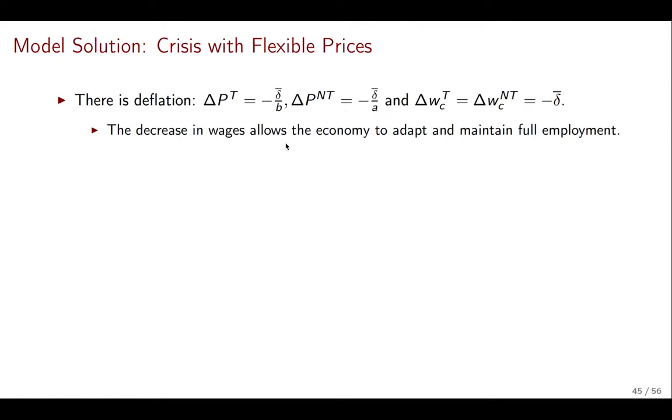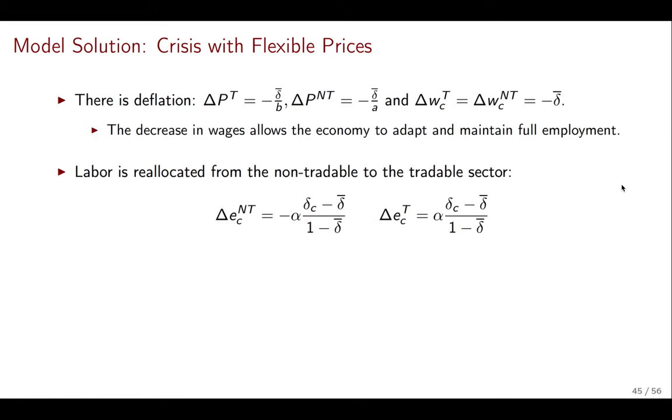And this decrease in wages is very important because it allows the economy to adapt to the lower demand and maintain full employment. We're going to see in the next video that when prices and wages are fixed, full employment cannot be guaranteed and there is going to be unemployment in the economy.